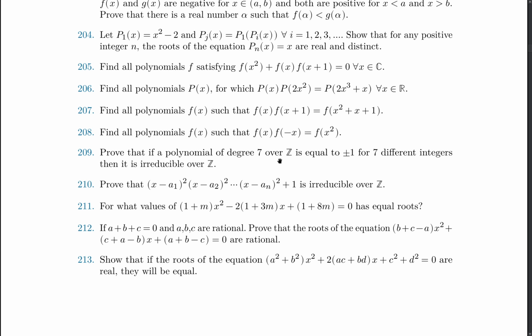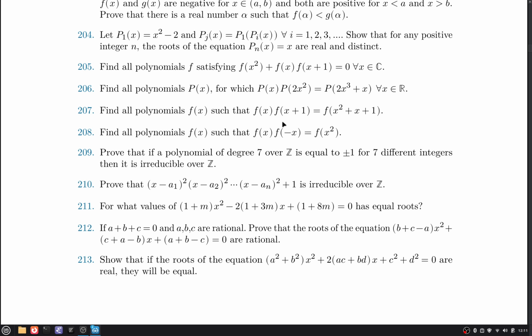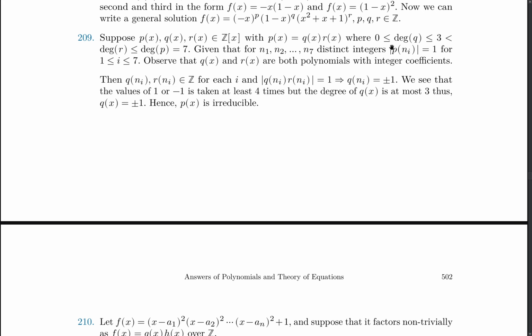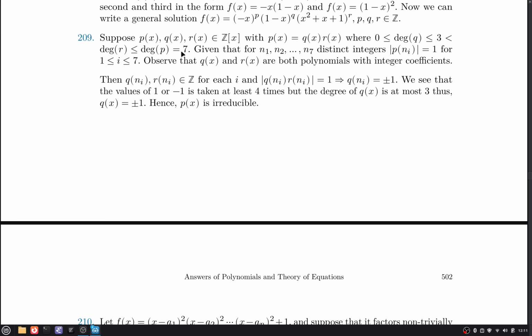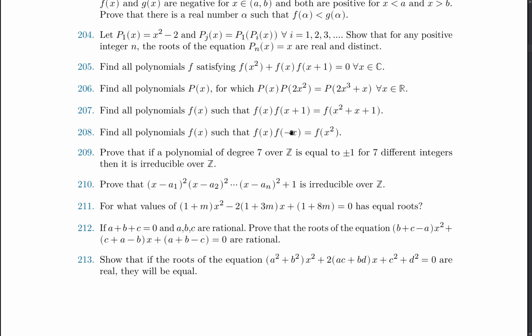Our polynomial has to be of degree 7. Now we assume that degree of q is less than or equal to 3, which is less than degree of r, which is less than degree of p, and degree of p is 7. So that's what we assume. Given that for 7 distinct integers n1 through n7, mod of p of n i is equal to 1.